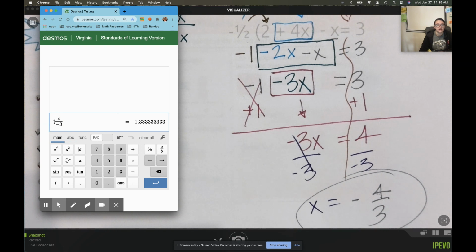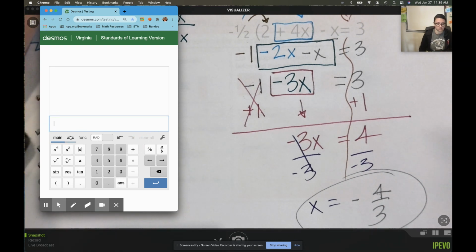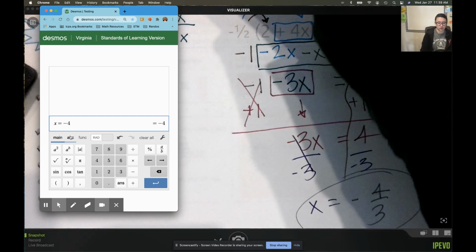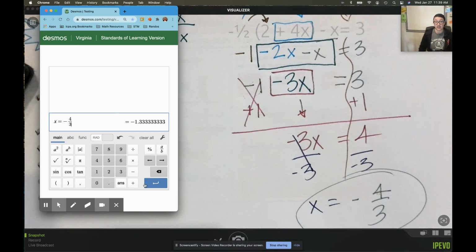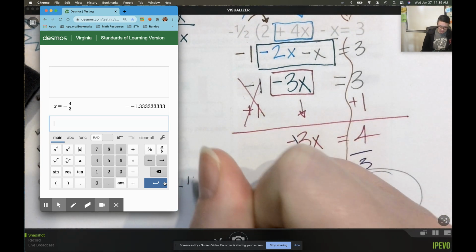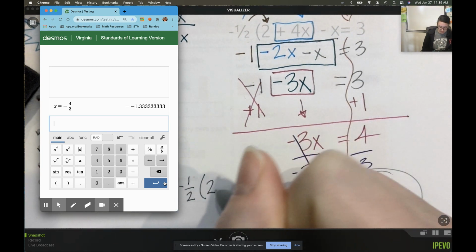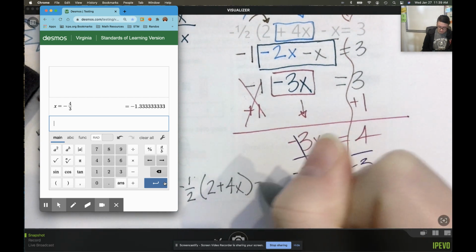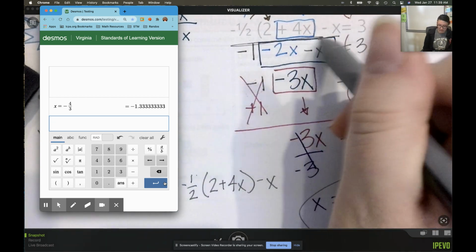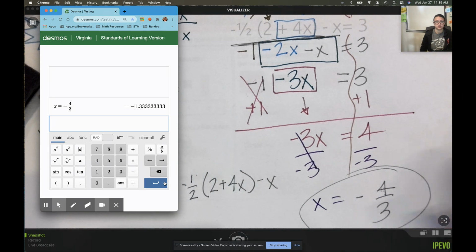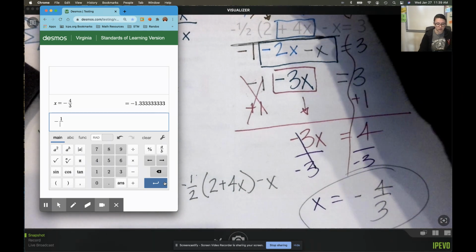So here we're going to tell our calculator that x is equal to negative 4/3, and that ugly negative 1.3 repeating. And then I plug in what I started with. I need to plug in negative 1/2, parentheses 2 plus 4x, close parentheses, minus x, that piece right there that I started with.